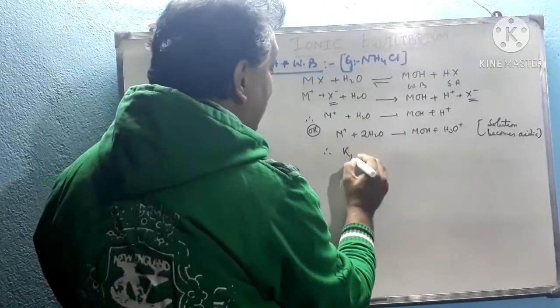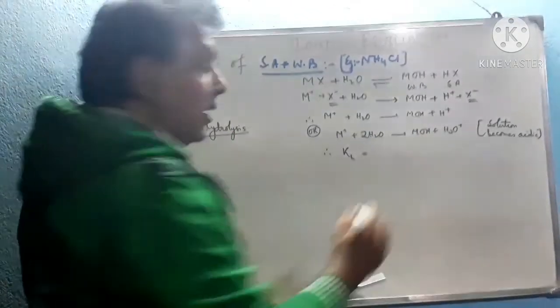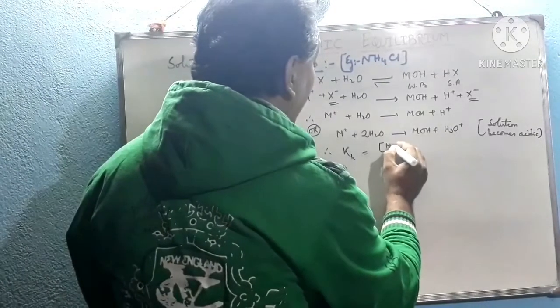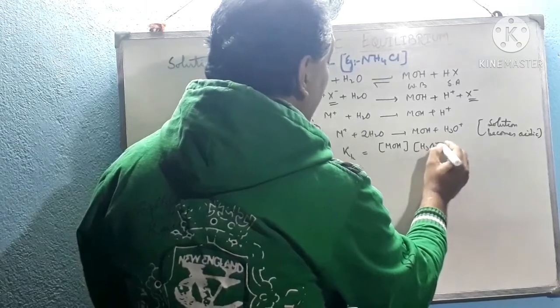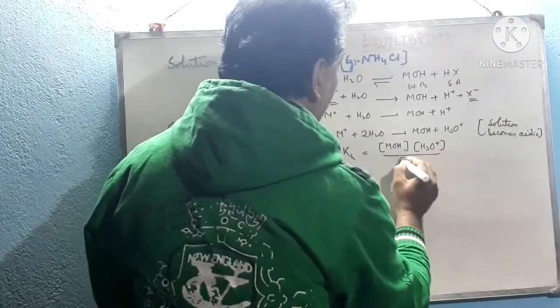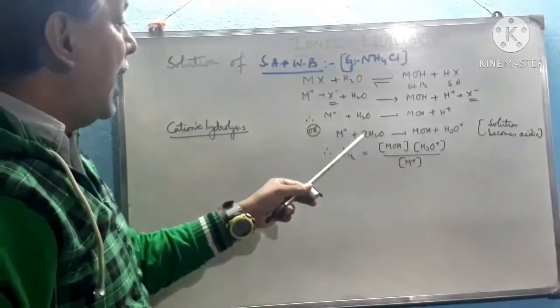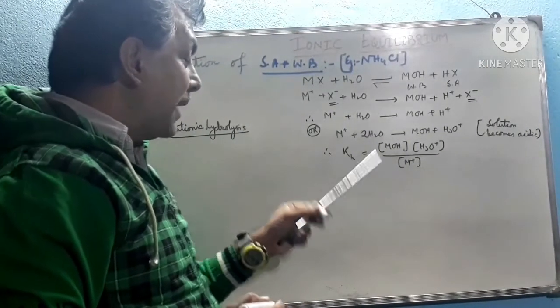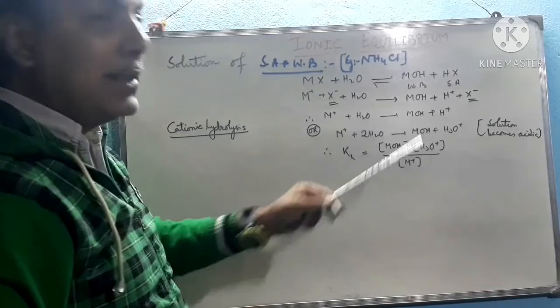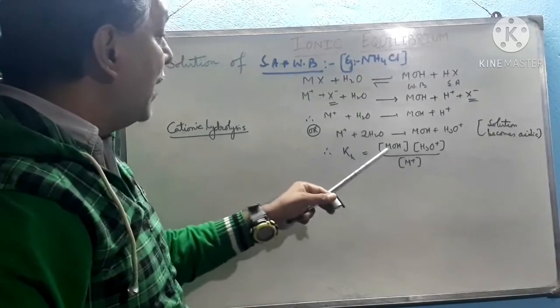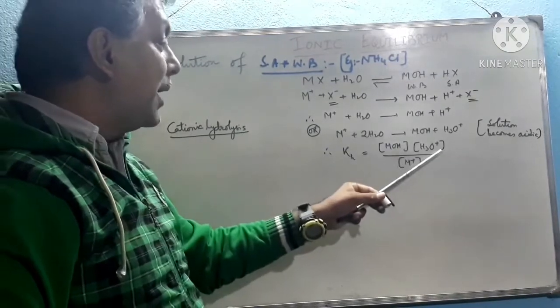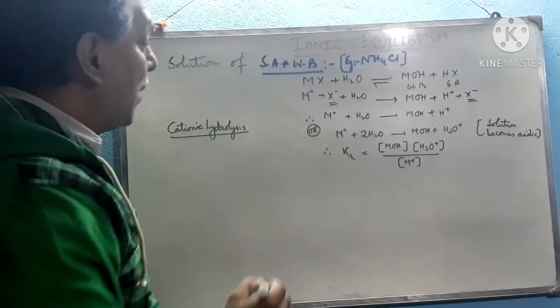Therefore Kh, the hydrolysis constant, equals third bracket MOH, third bracket H3O plus, divided by third bracket M plus, because we know that water is a pure solvent, and we have taken that the concentration of water is constant, that's why it is equal to unity. So we have taken here MOH into H3O plus divided by M plus.